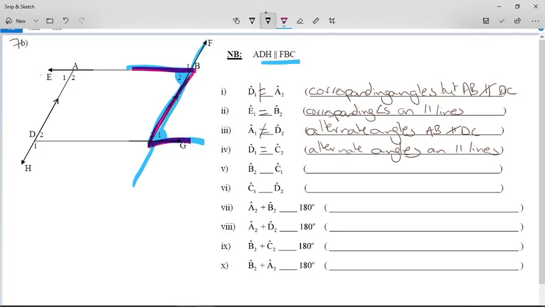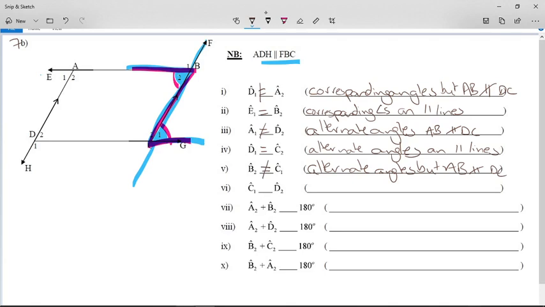These two angles are alternate angles, but they are not on parallel lines. AB is not parallel to DC, because AB is my top line, and DC, it's DCG. So they're not parallel, so these two are not equal.